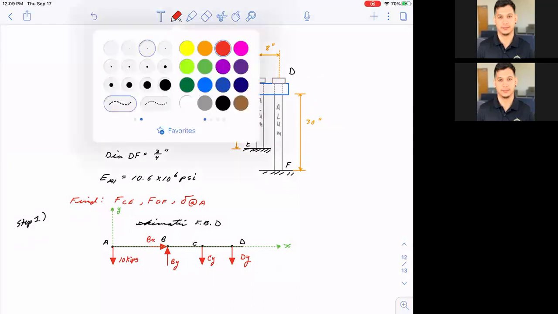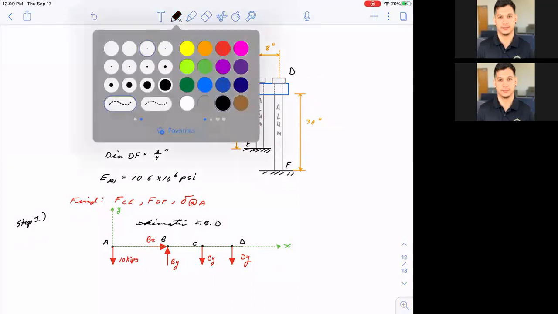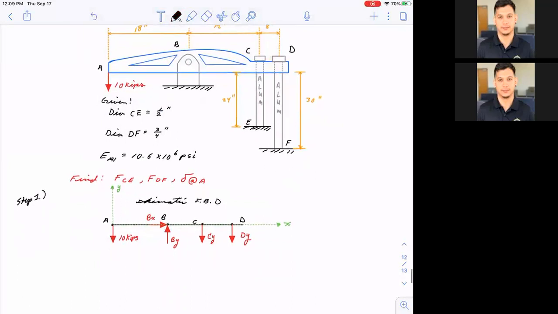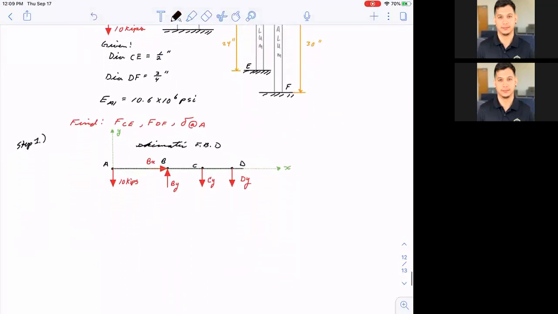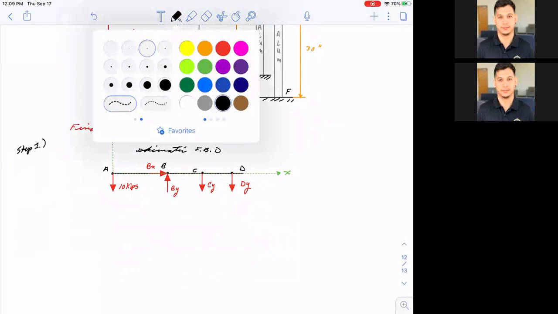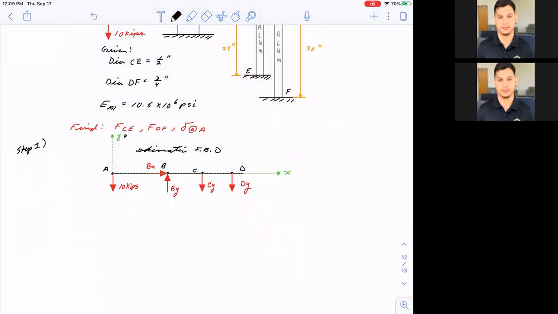Okay, so that is the reason, but either way, if we get it right, we get it right. If we get it wrong, we'll just have a negative. So it's no big deal. So now that we have our schematic diagram, and we have labeled our positive y and our positive x.